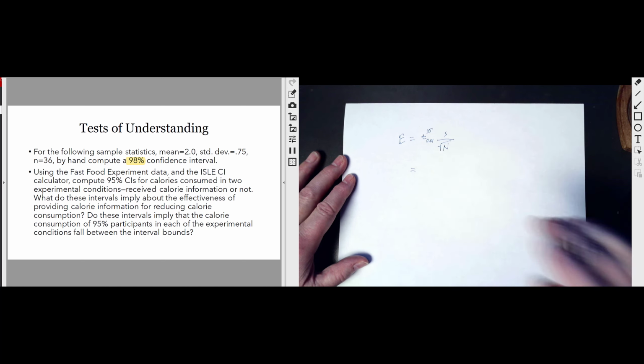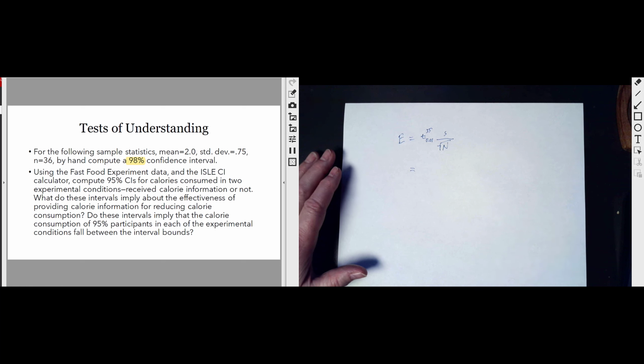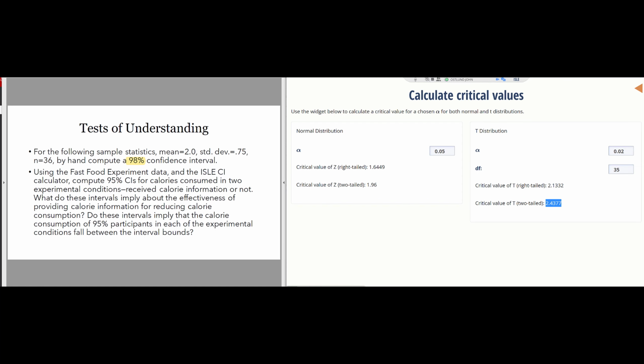And that t-score is going to be 2.4377. S is 0.75. Square root of n is 6.